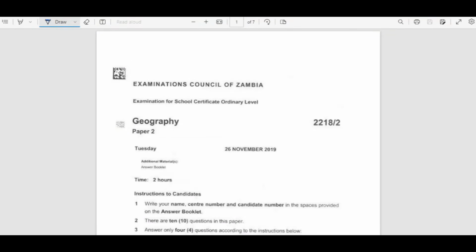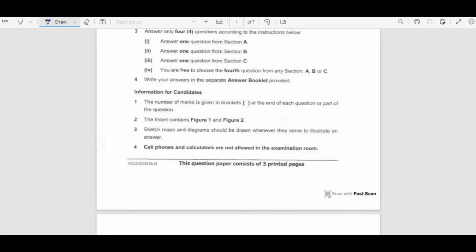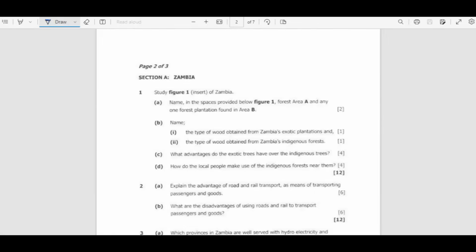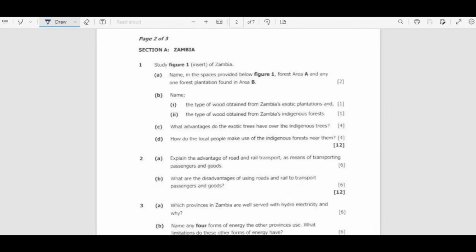In this lesson we want to revise geography paper 2, which was written in 2019 under internal candidates. Okay, so we want to deal with this paper. When you look at section A, that has to do with Zambia.